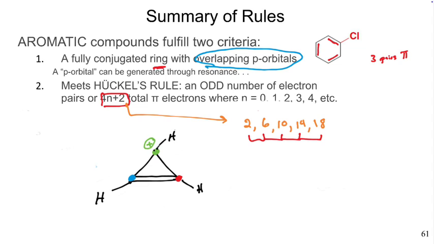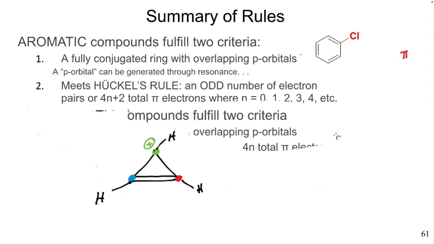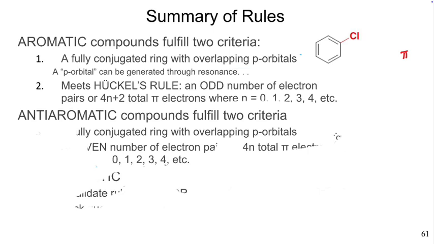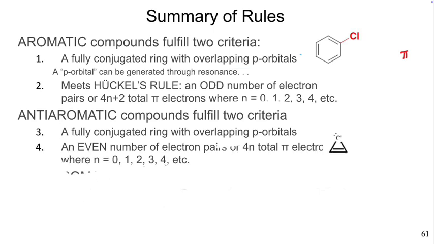Okay? I did say it gets a little bit more complicated, so let's make it a little bit more complicated. In particular, the first structure we looked at, the one with the tetrahedral green carbon, was not aromatic. And this is where we encounter some weird kind of phrasing systems. Okay? Because we'll encounter another set of rules known as anti-aromatic.